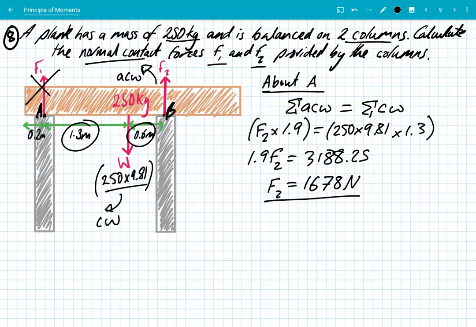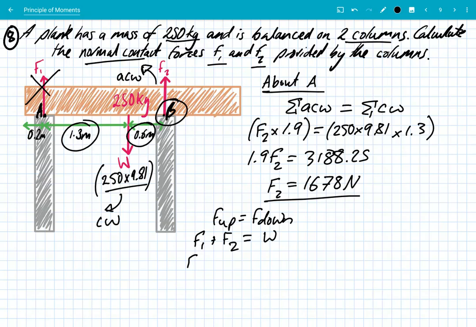Now, if I wanted to work out F1, I could simply take the pivot to be point B and repeat the process. But I know because this is in equilibrium, the forces up have got to equal the forces down. Therefore, F1 plus F2 must equal the weight.